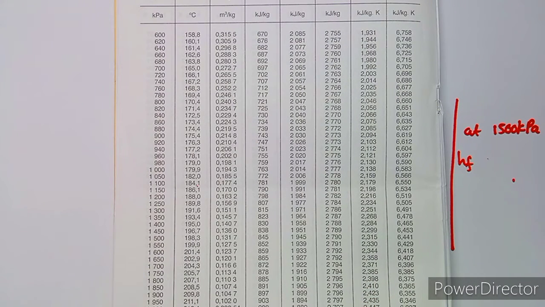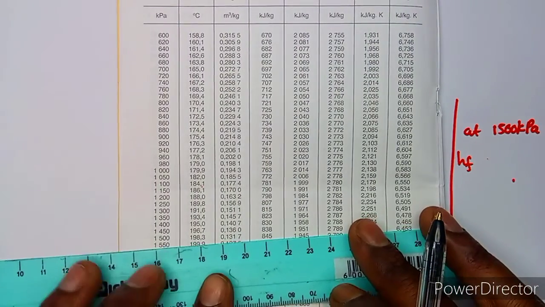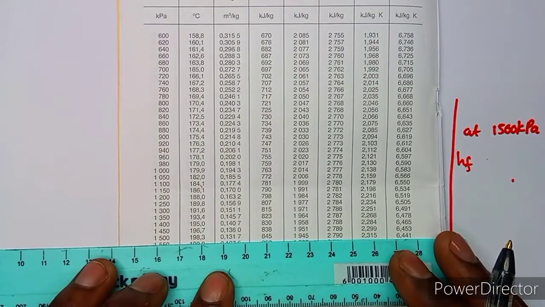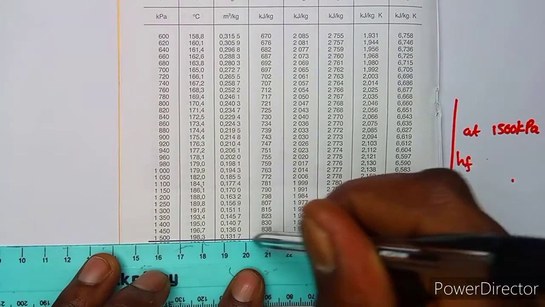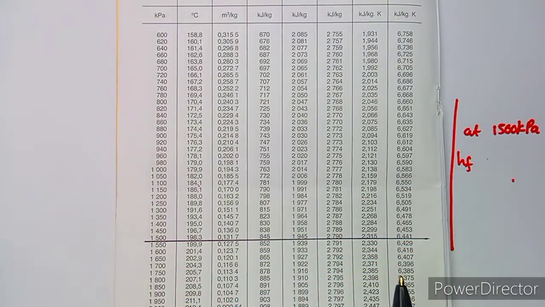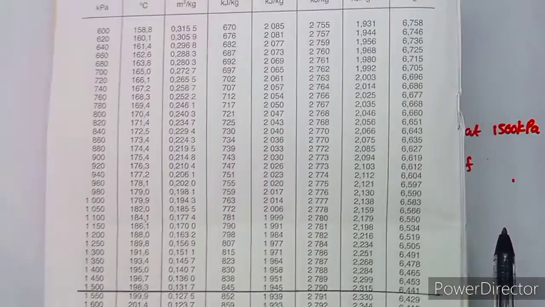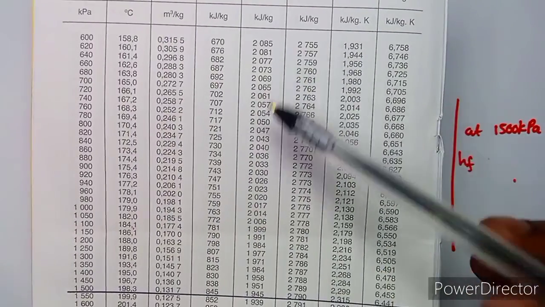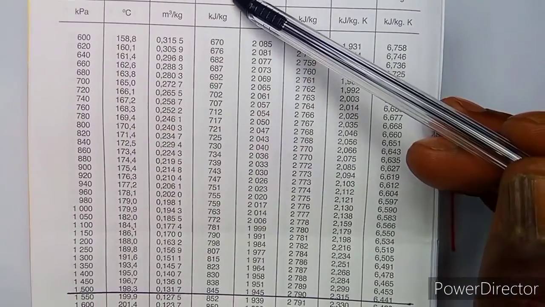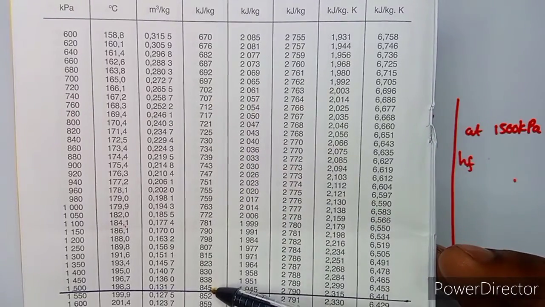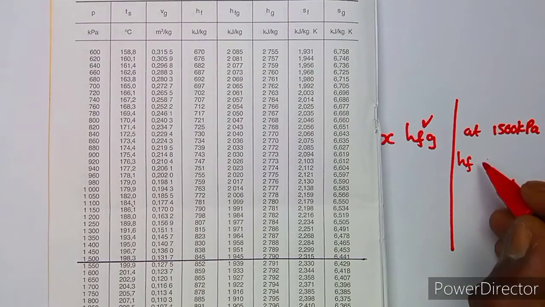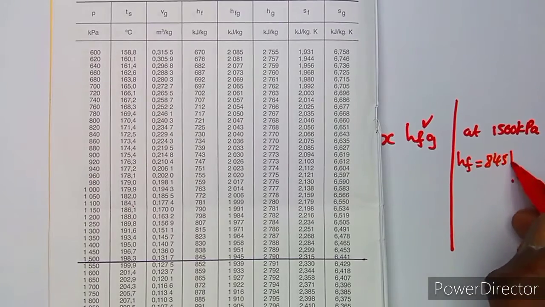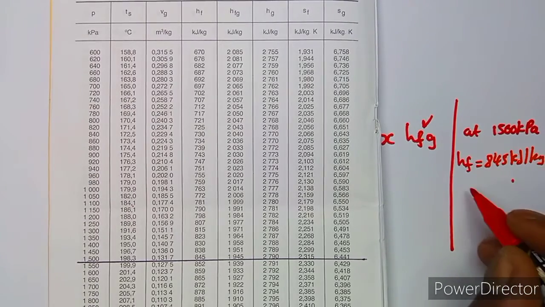At 1500, our hf here is 845 kilojoules per kg.